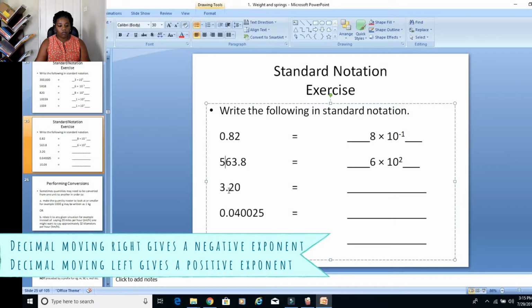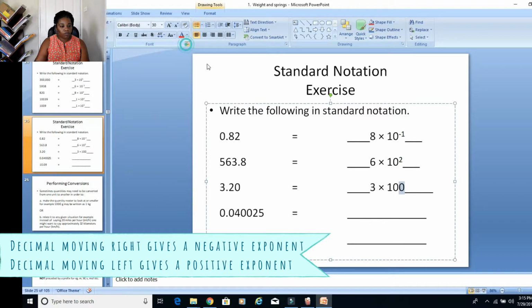Now, is this number fine? It is, but we only want 1 sig fig. So we're going to write our standard notation here the same way. 3 times, oh, we don't have to do anything. 3 times 10 to the 0.